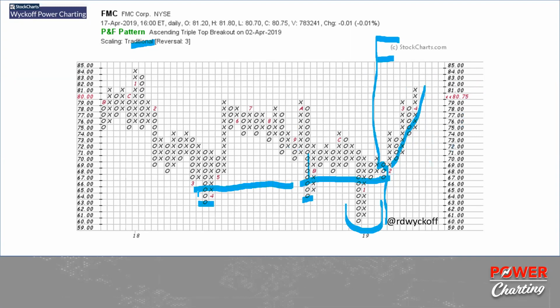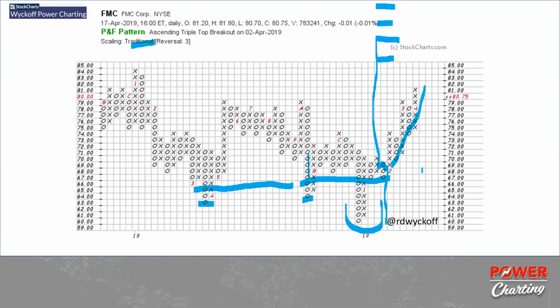Now we have a second count here, which actually is 29 columns times 3, which is 87, which takes us up to 147, 154. And so this count, we would flag these, we would put the number as you saw in the prior charts. And so there is a substantial accumulation count in FMC, and I would recommend that you go out and look at a much larger time frame.